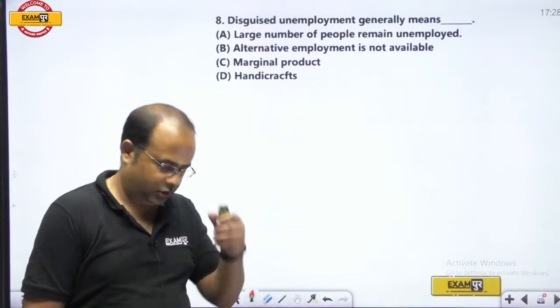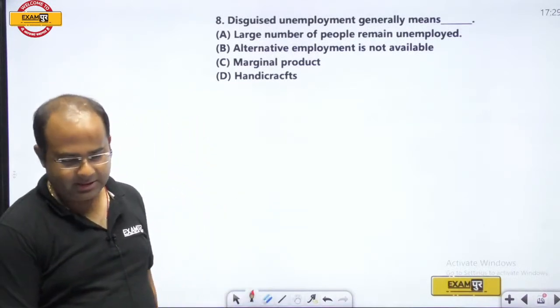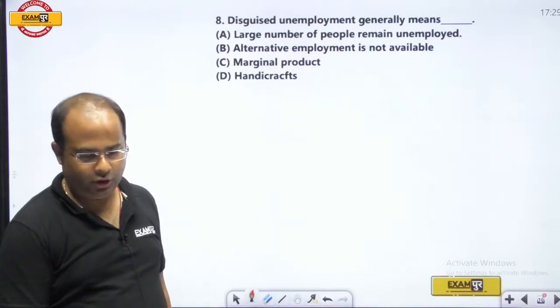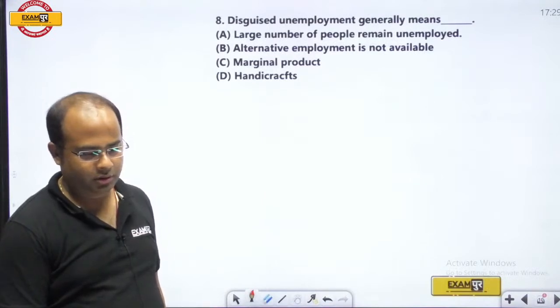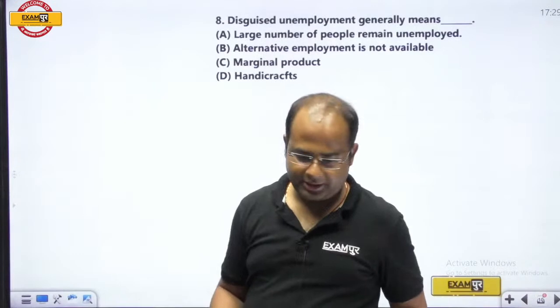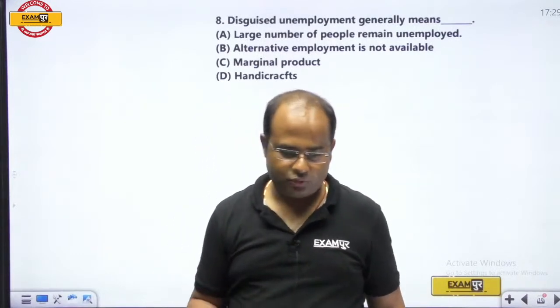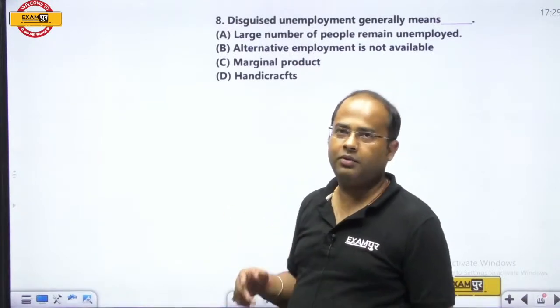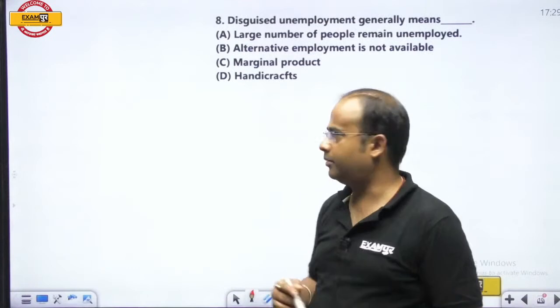Okay, Ashwini is saying option B. So Ashwini, before answering the question, please read the things carefully. Although the option is twisted, once I clear it you may change your answer. Guys, first of all, what is disguised unemployment? It simply means when more than the required number of workers are working in a particular sector, that is called disguised unemployment.